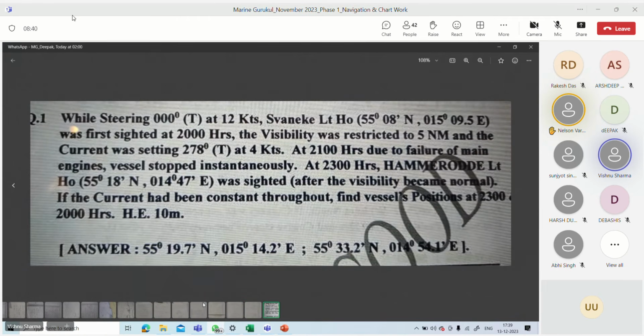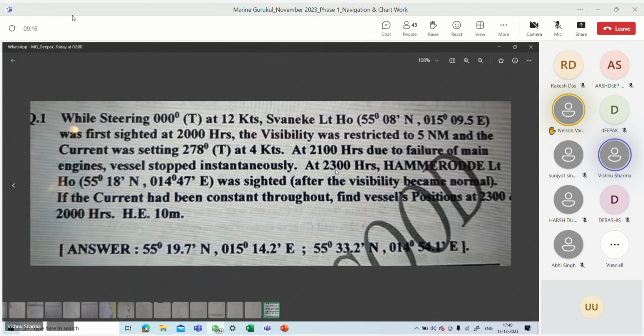It says at 2300 hours, Hemi-Road light was sighted. What do you mean by was sighted? It was sighted at 2300 hours, right? Yes, sir, when visibility became normal, it was sighted. So visibility became normal at 2300 hours, no? That's what he's saying. The vessel stopped at 2100 hours instantaneously. Then it did not move up to 2300 hours. So when it stopped, the visibility was 5 miles.